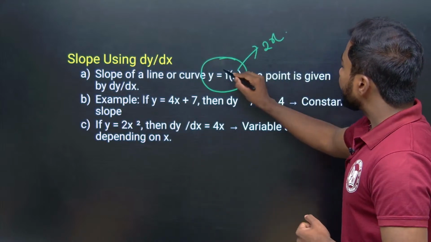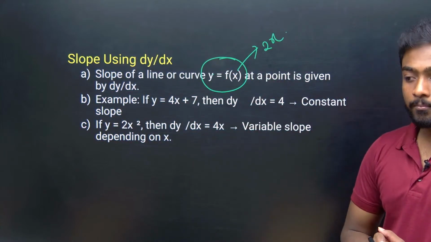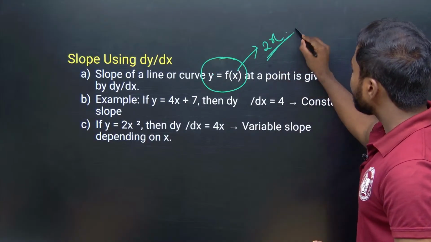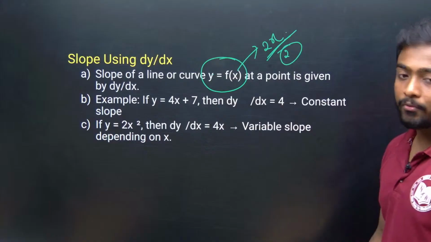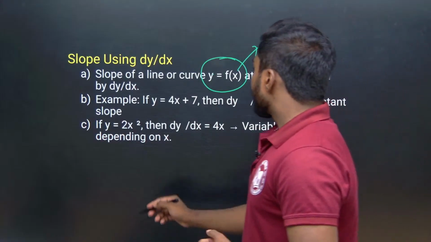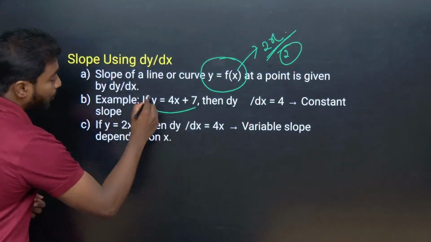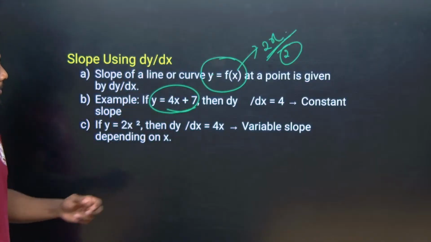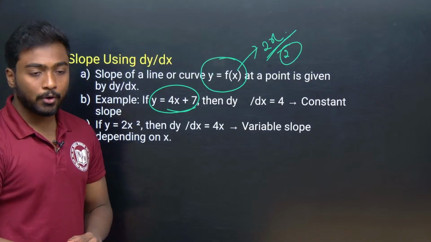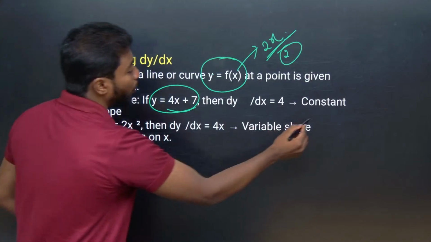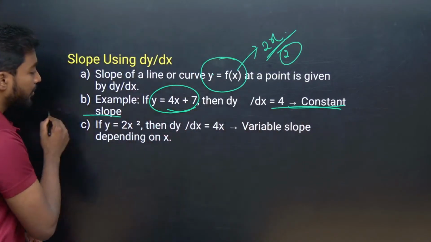Simply differentiate the equation. The answer is only 2. So this is the slope of the given equation. Example here, y equals 4x plus 7. If I differentiate this, the answer is 4, only a constant. So it is a constant slope.